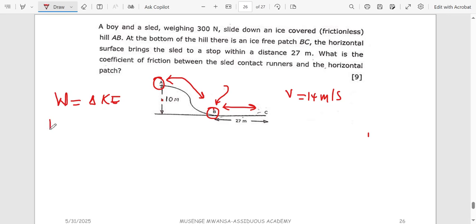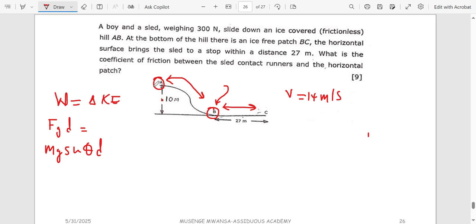Work was supposed to be equal to what? The force due to gravity times distance. And you know the force due to gravity is given by what? mg sine theta, and then times distance. And that should be equal to the change in kinetic energy.